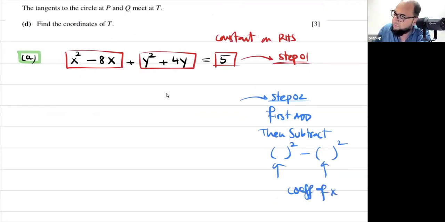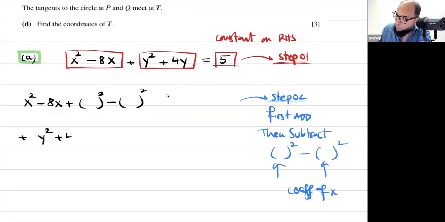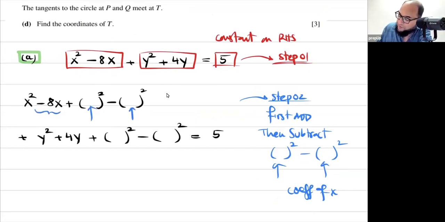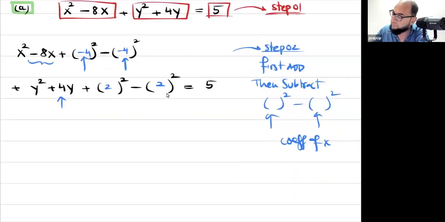So therefore we have x² − 8x + (bracket)² − (bracket)², and then we have y² + 4y + (bracket)² − (bracket)² = 5. What goes inside the bracket? Half the coefficient of x, which is −4. Half the coefficient of y, which is positive 2.